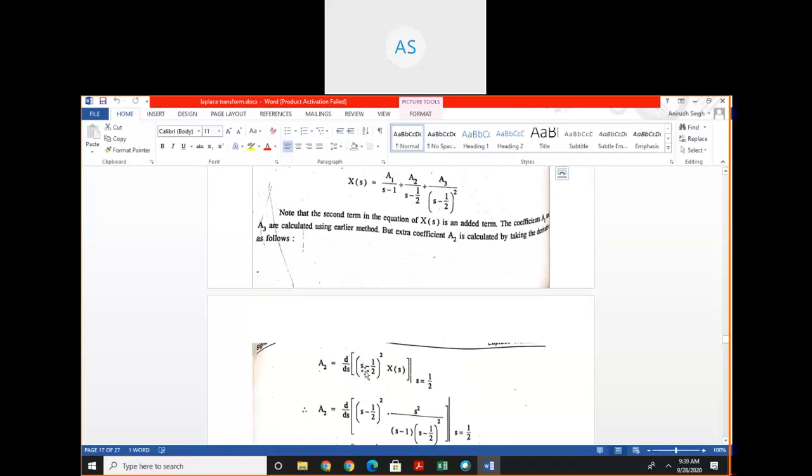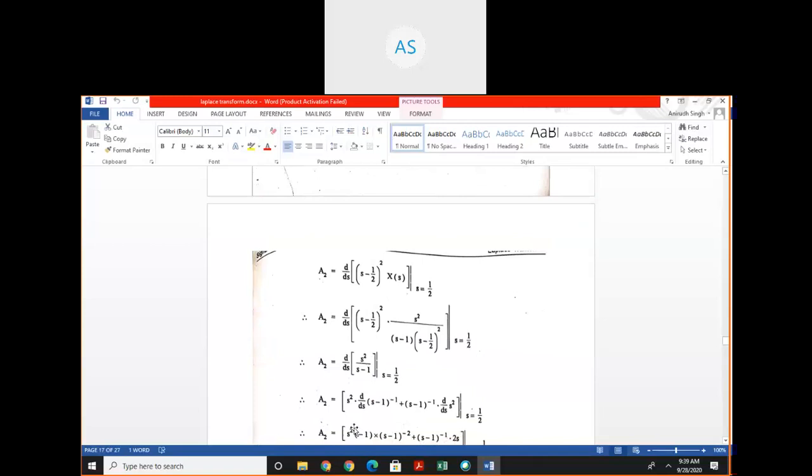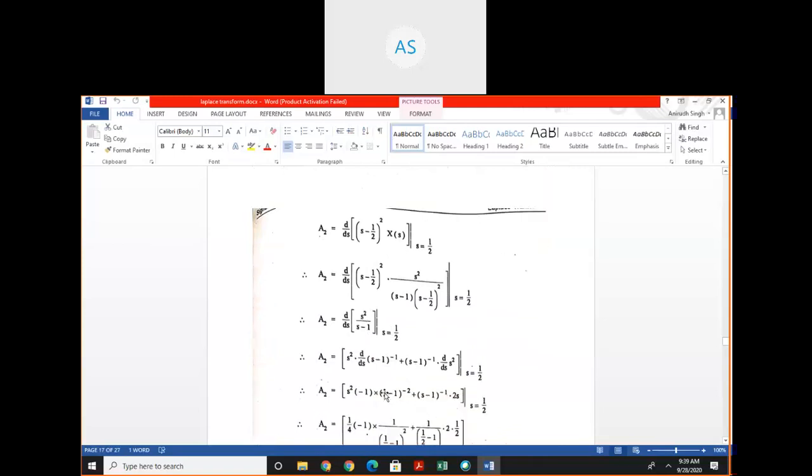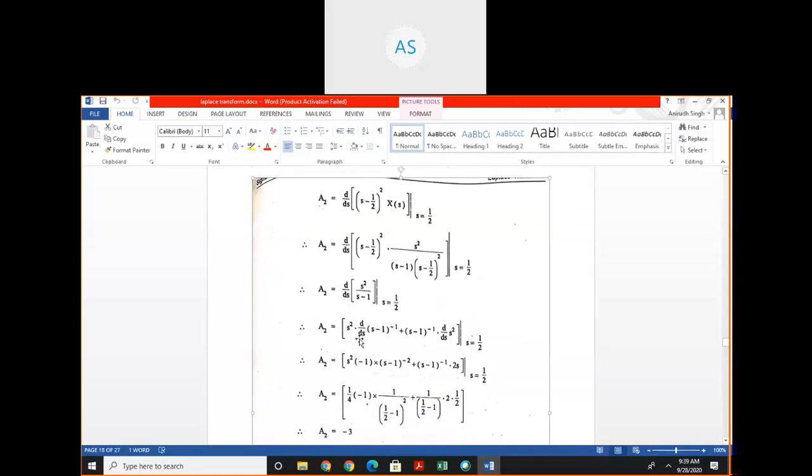Then A1 and A3 are calculated as in the previous case, but there is a different rule for the calculation of A2. A2 is calculated by taking the derivative as follows. A2 is d by ds of s minus half whole squared multiplied by x of s at s equal to half.